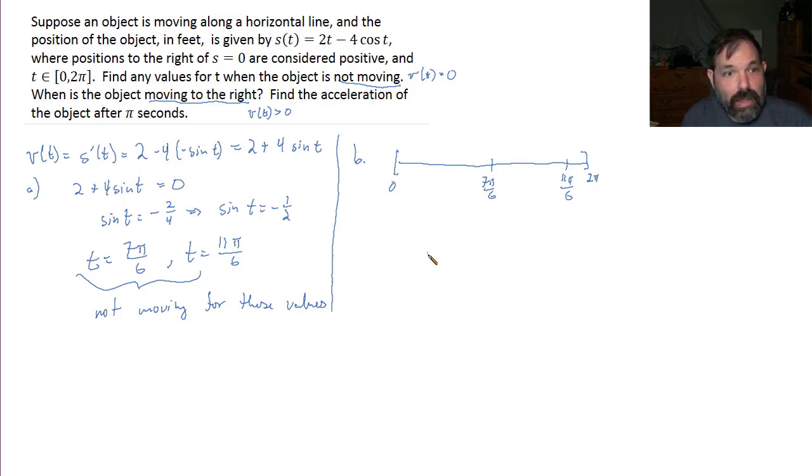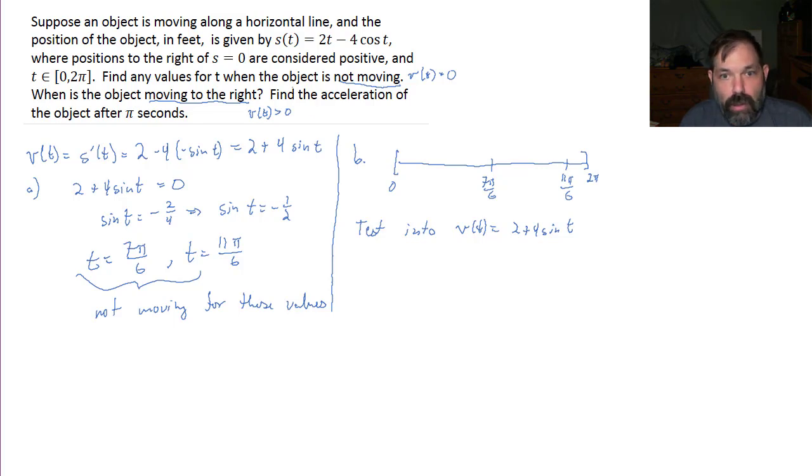And we need to test into the derivative. Let's test into v of t is 2 plus 4 sine t. All right, and we can test any values that we want that are in those intervals.